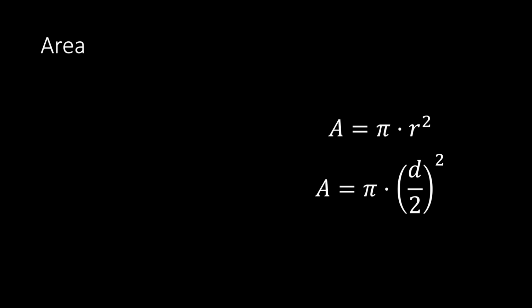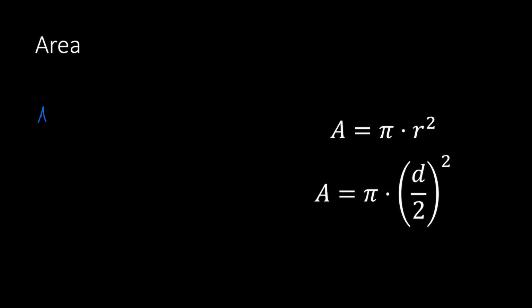So, area. Area you can calculate using two things, either r or d, so the radius or the diameter, and here on the right you have both equations. The reason why we use these equations is if we start out with the top one, A equals pi r squared, well, we know that the diameter is the same as 2r.